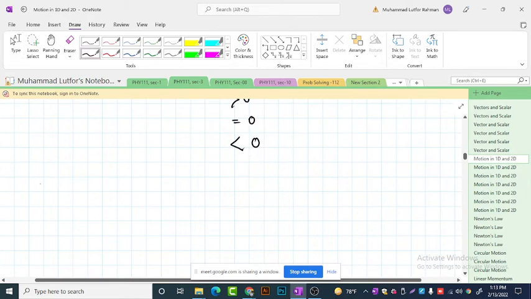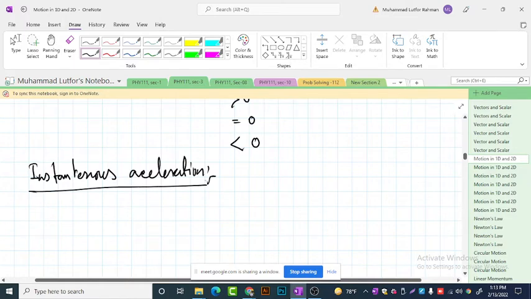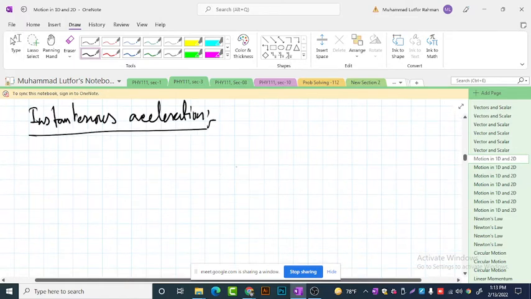And what about the instantaneous acceleration? That could also be written as the rate of change of velocity, but just right after your point.